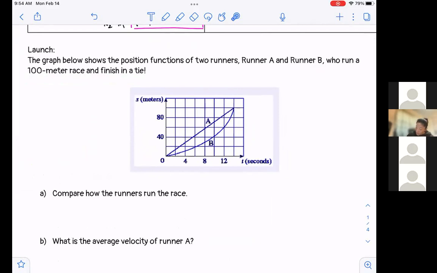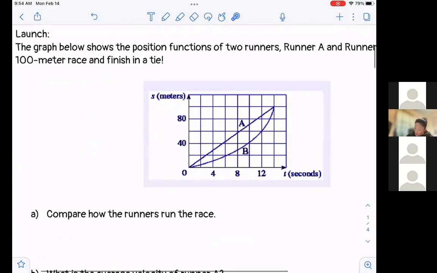The first question here is: compare how the runners run the race. We've got runner A over here, and then separately, we have runner B. Take a moment and think about how these two runners are approaching the race.